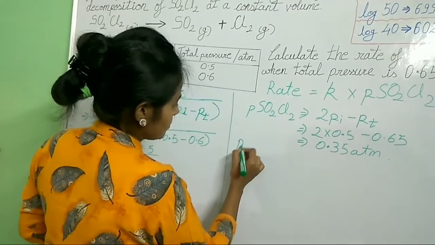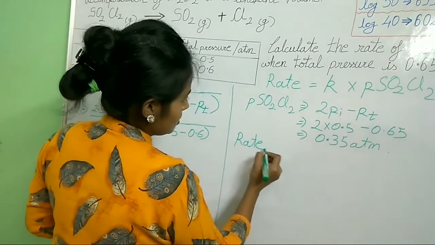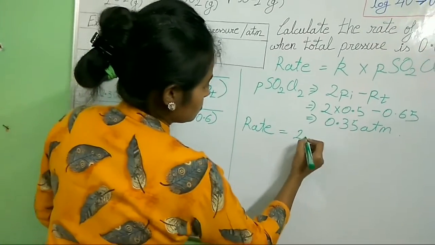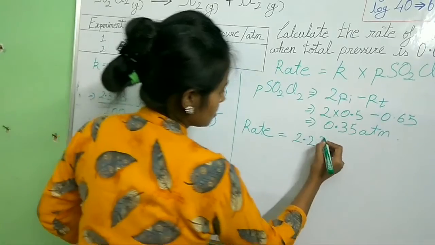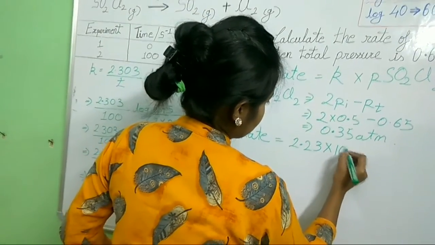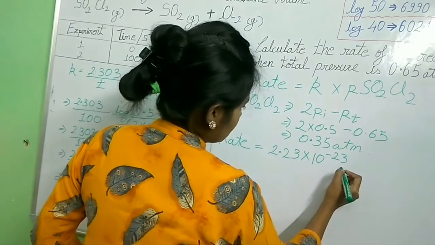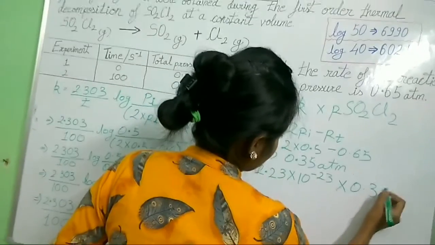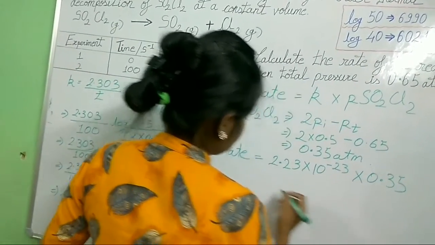Now let us find out the rate. Rate will be, rate constant, how much we have found out? 2.23 into 10 to the power minus 3 per second into 0.35 atmosphere, right?